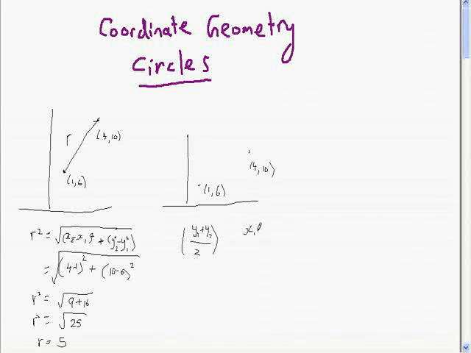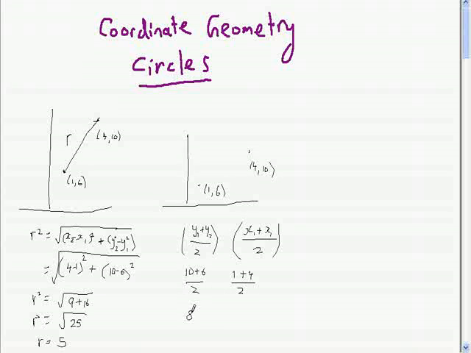The sum of the two y coordinates is 10 plus 6, divided by 2, which is 8. The x coordinate is 1 plus 4, divided by 2, which is 2.5. Putting it in the correct order, x first and then y, it's 2.5, 8. That's where the midpoint is between those two points. Alright, now let's move on to circles.